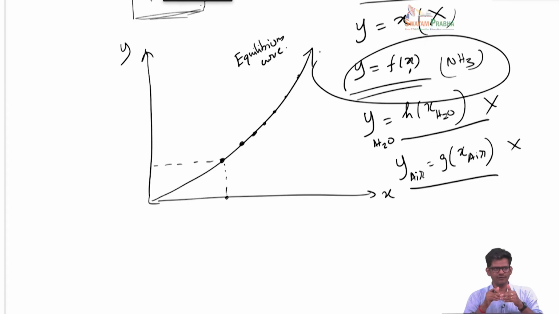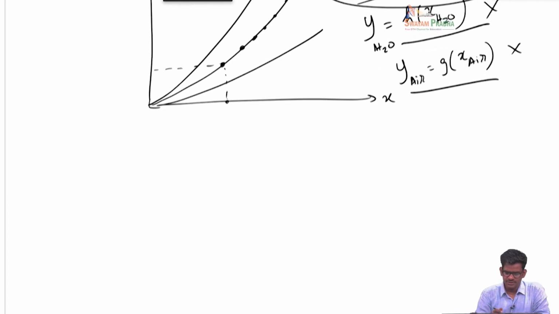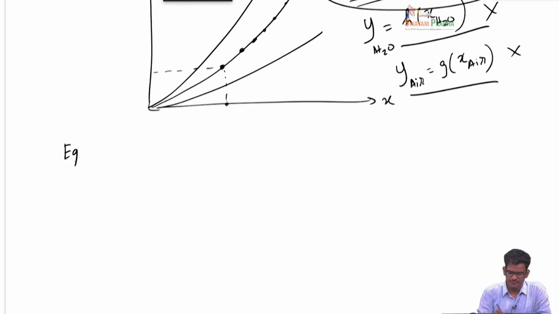So, when you say equilibrium curve, it means you are referring to one particular solute in a particular two-phase system. It also means that everything is actually at a particular temperature. If you change the temperature, this equilibrium curve will either shift up or down. So, there is a lot to be said about the equilibrium curve.